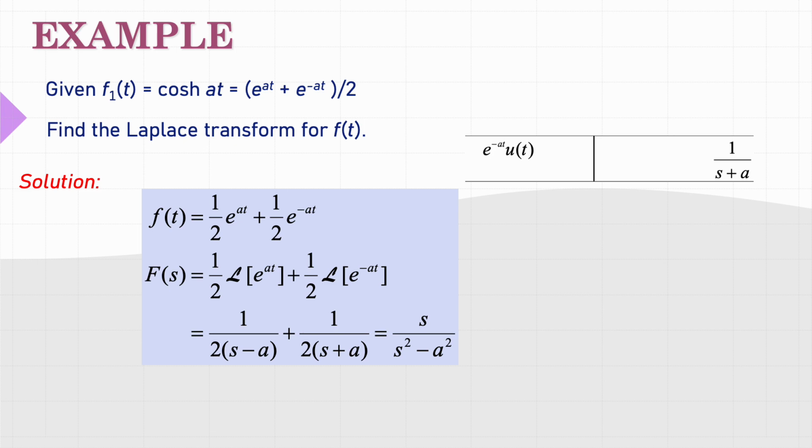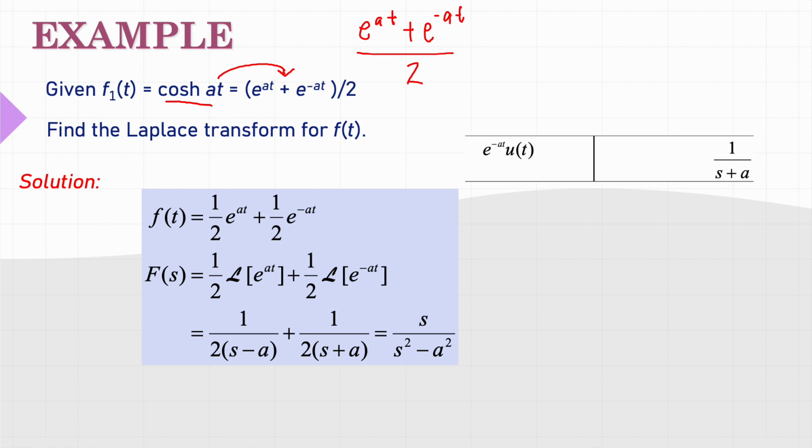Let's look at some examples for the linear operation. Given f1(t) equals cos at, where this cos at can also be written as such. If we rewrite it into a normal representation, it can also be rewritten as such.